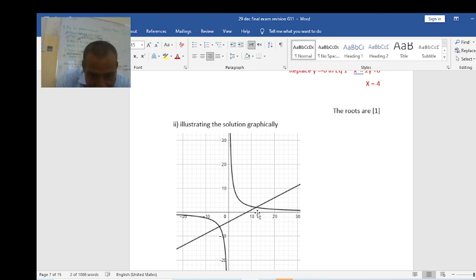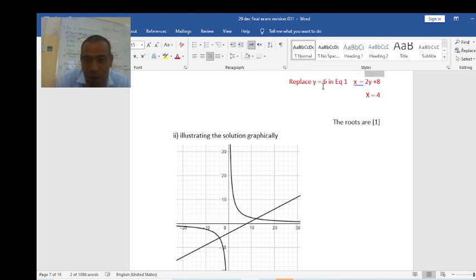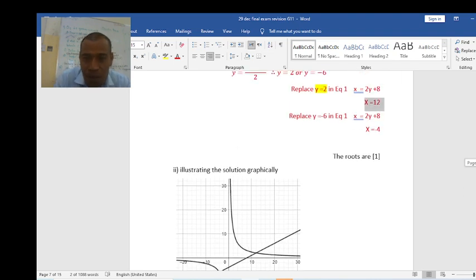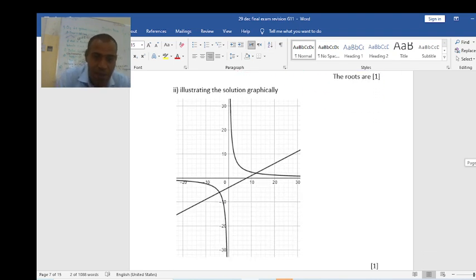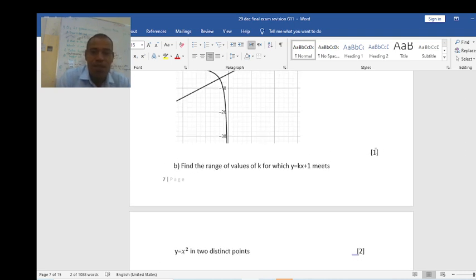Then, when y equals minus 6, x is minus 4. This is minus 2, minus 4, minus 6. So when x equals minus 4, y is minus 6. Clear? Now for the next question.